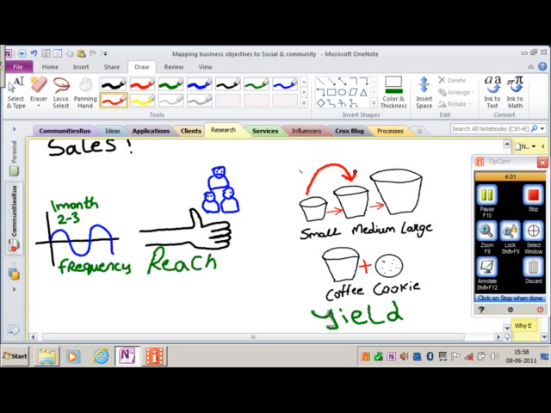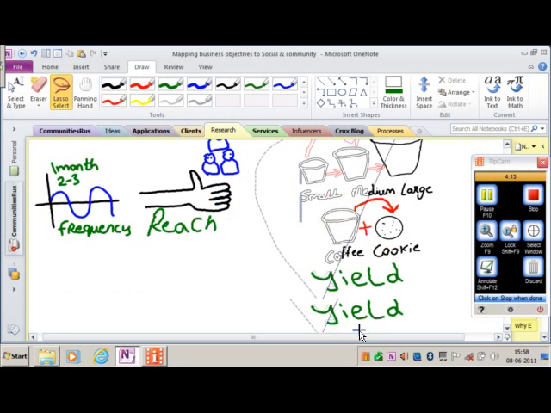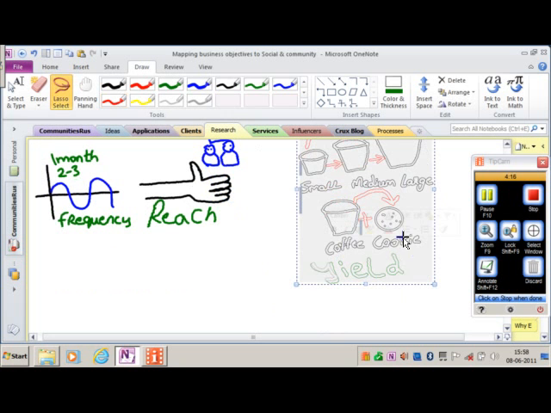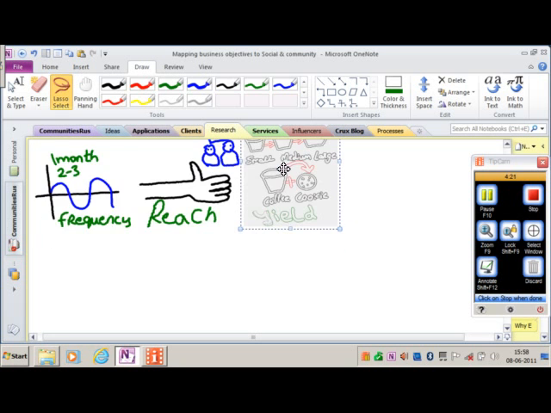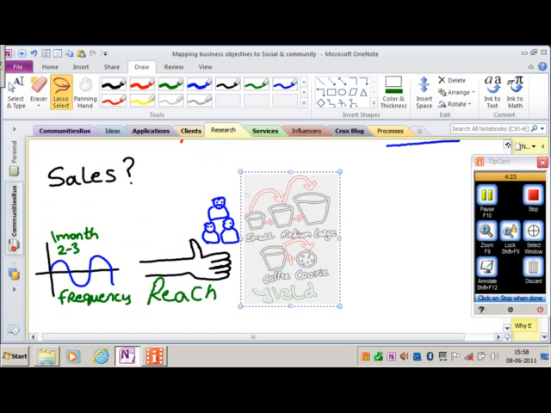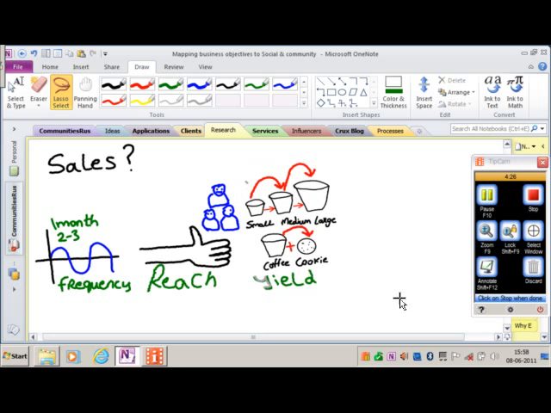So upsell in terms of a customer who's buying a small, encourage him to buy a medium or a large, or sell a coffee and a cookie, and thereby increase the transaction size each time the customer transacts with you. So FRY basically helps you to break down your sales process, and understand how you could increase the revenues by either increasing the frequency, increasing the reach, or the yield.